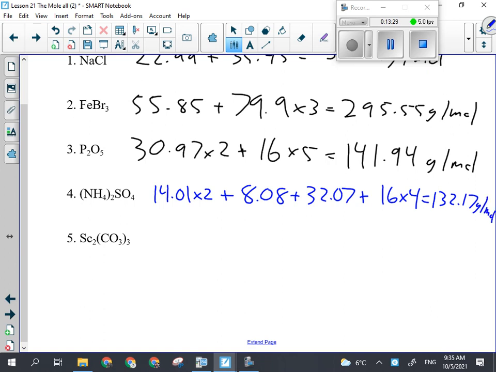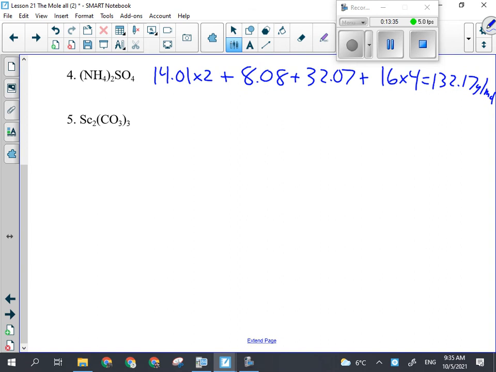Okay, questions on that one? All right, so it's just a matter of one element at a time for any of these types of compounds. Then we've got scandium carbonate. So we've got 2 scandiums, that's 44.96 times 2. Plus, how many carbons? 3.